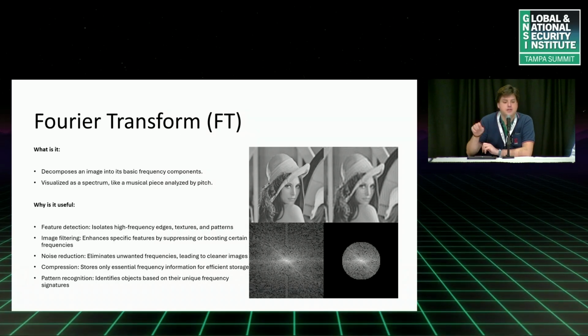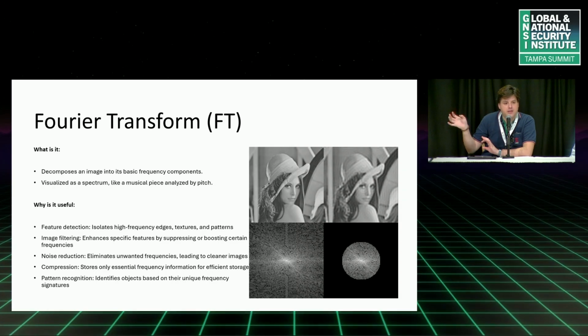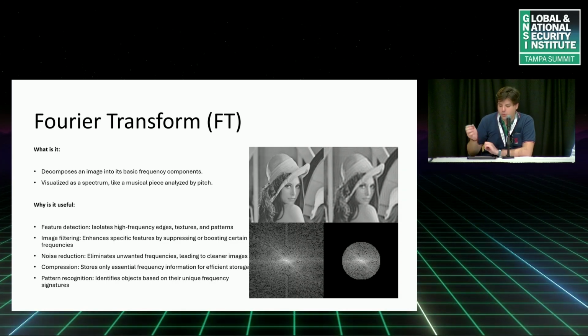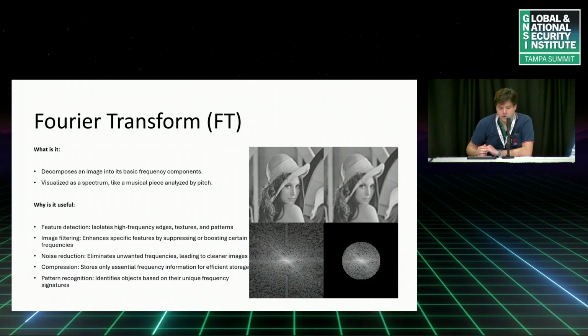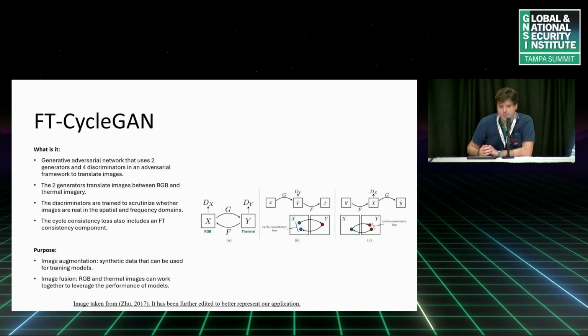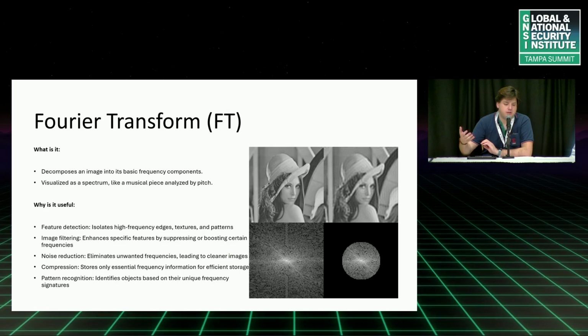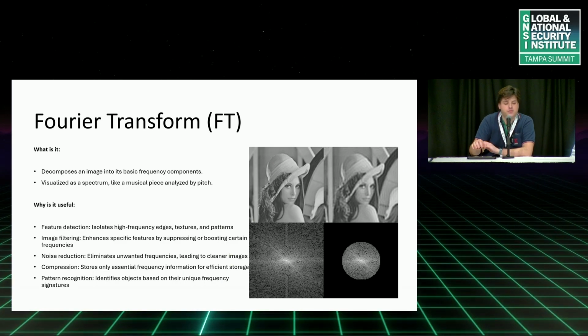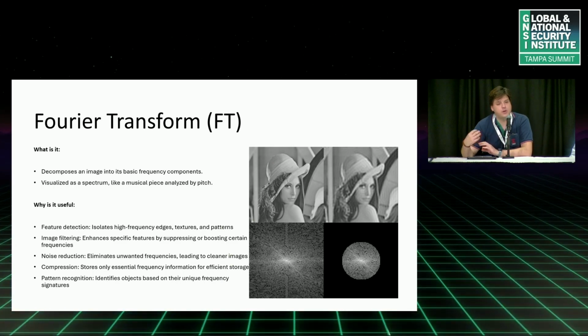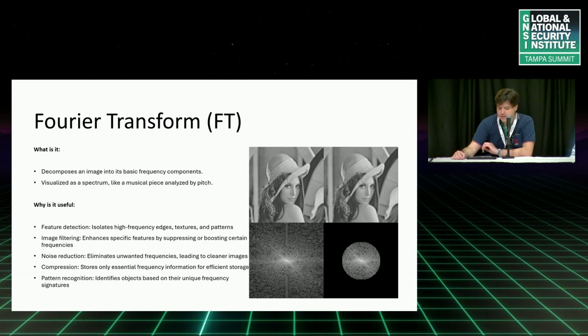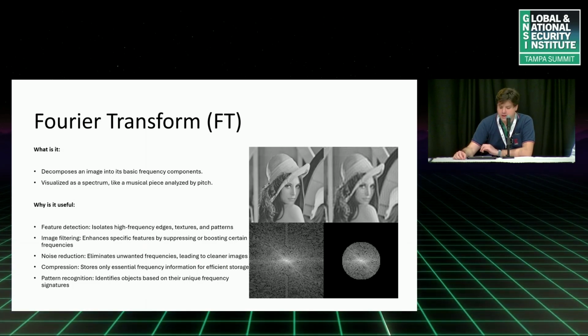For example, as you can see in the right side image, we're isolating the high frequency of the image, and we have a more smooth, blurred image. That's usually used for noise reduction, which is the next point in the bullet points, because we can eliminate unwanted frequencies. We can also use compression. We can use Fourier transform for compressing images, so we only save the important frequencies, and then for pattern recognition, which works along with feature detection.